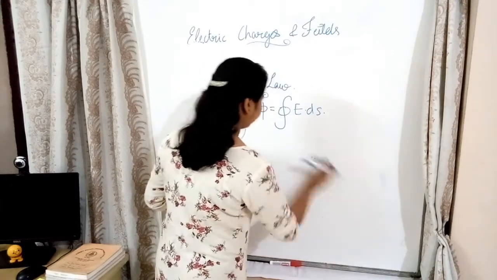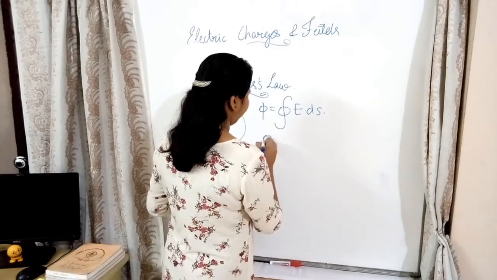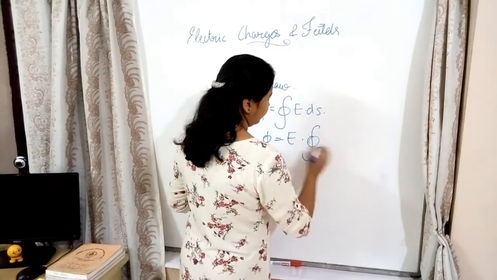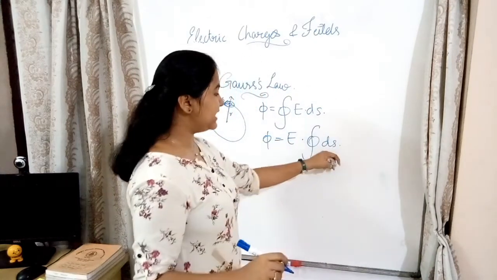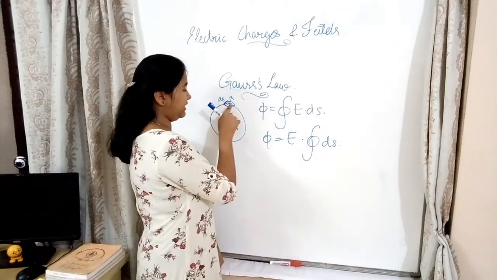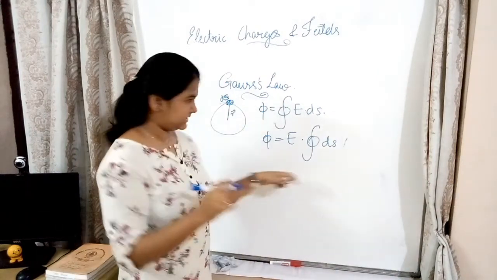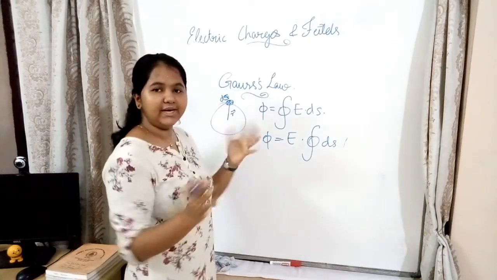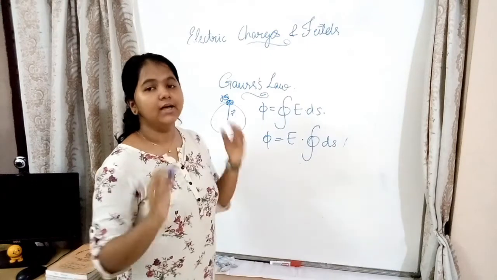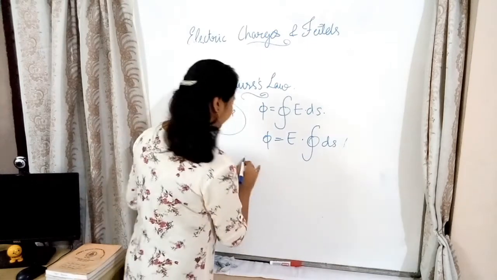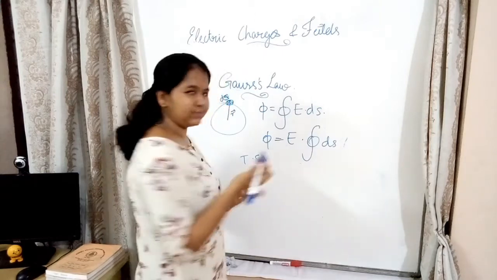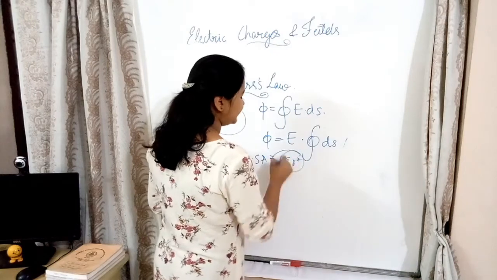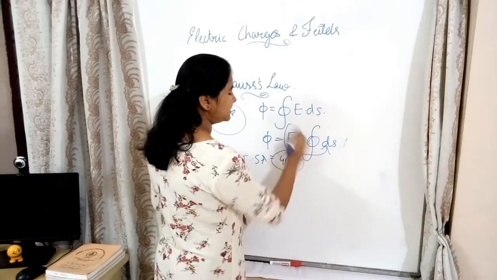So phi is equal to E times the integral of ds. ds is the small area vector over here. So the integral of ds means the sum of small areas. For this sphere, the total area is its surface area, TSA. What is the TSA of a sphere? 4 pi r square. So we'll substitute this over here. And what is E?